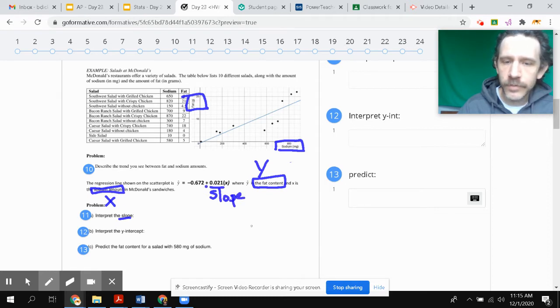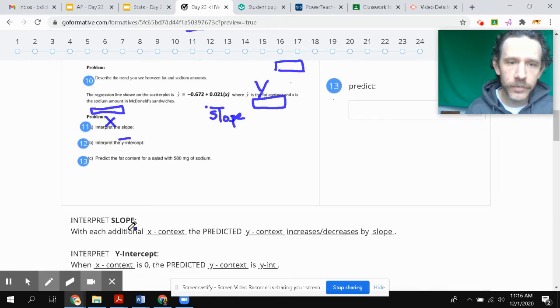It is positive, and now what do I want to say about it? Well, this number, 0.021, is an increase for every time that I move over on my x. So as x increases, y also increases by this amount. But there are some specifics that we need, and I'll show them to you here.